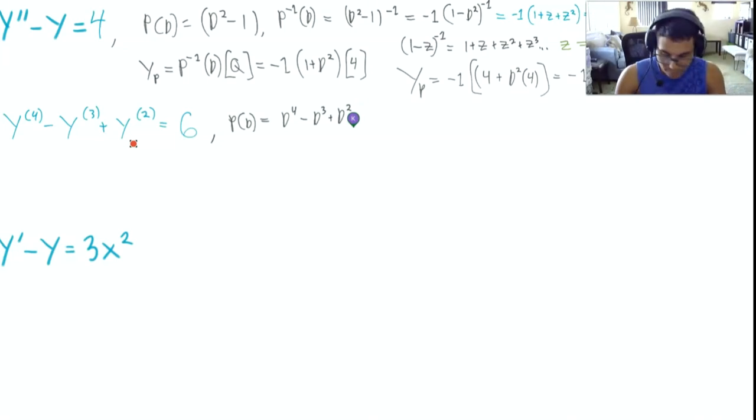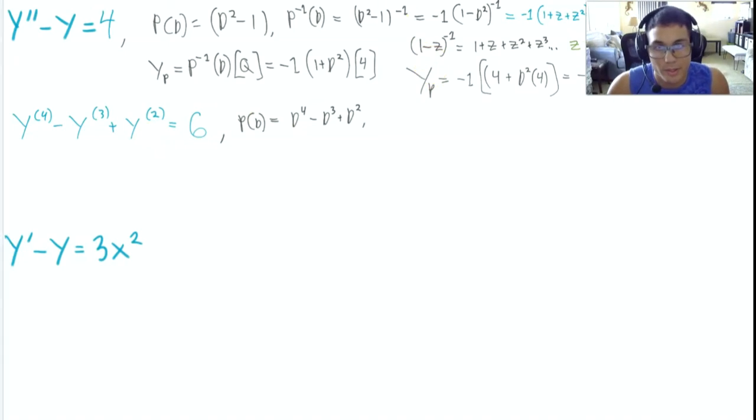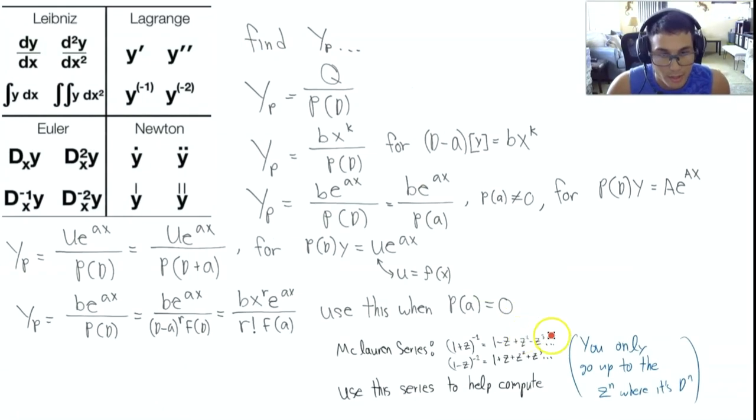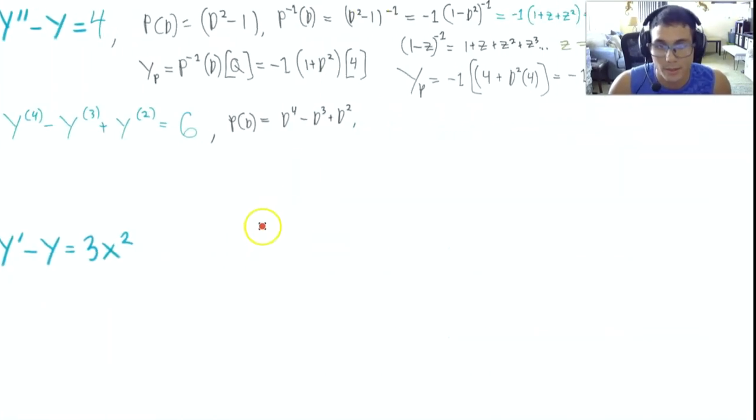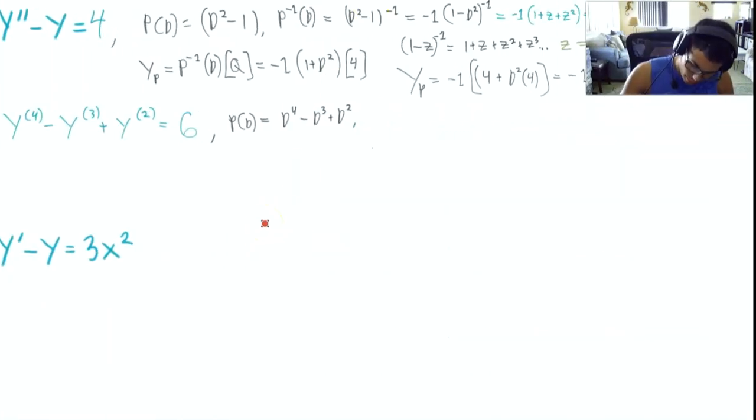Okay. And yeah, that's all nice. Well, we want to make that p of d look something like this. So we've got to figure out a way to do that. We could do that by writing it like this, or it's the same thing as d squared on the outside.